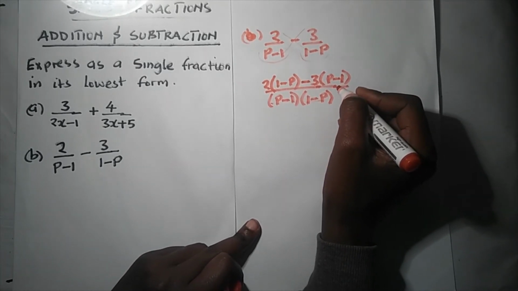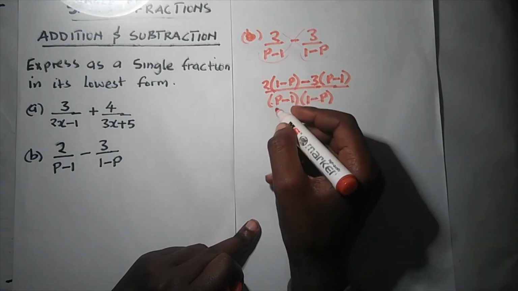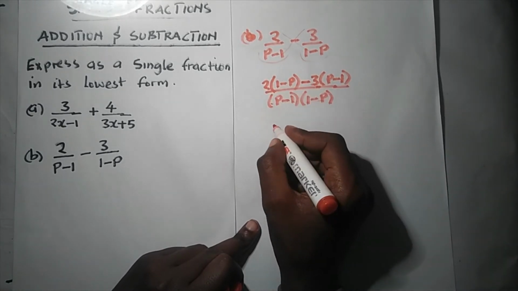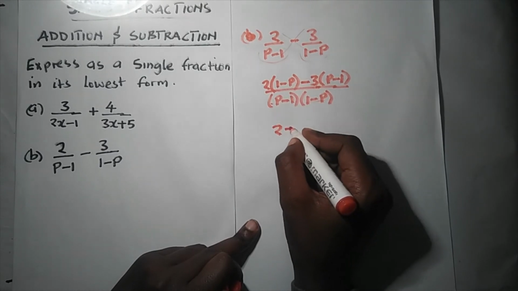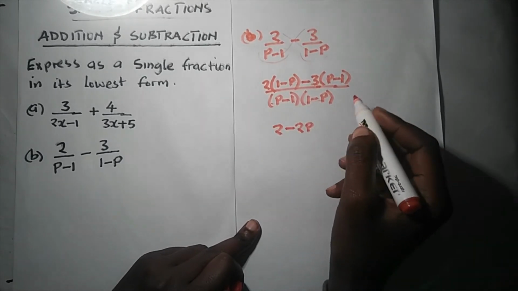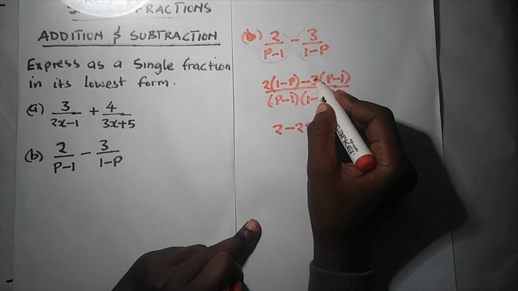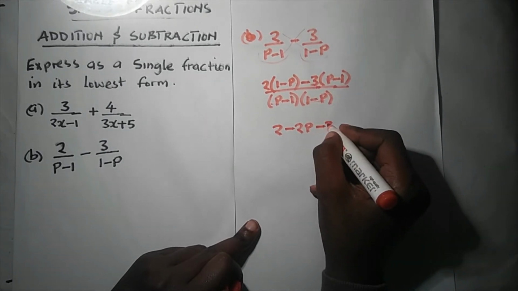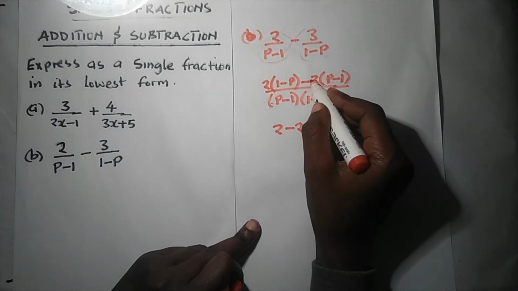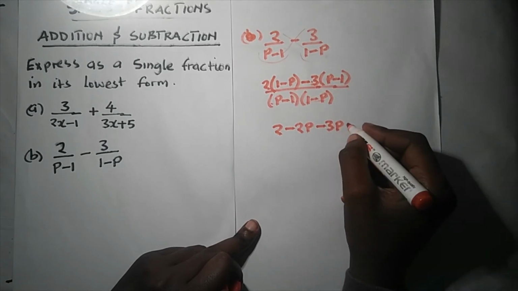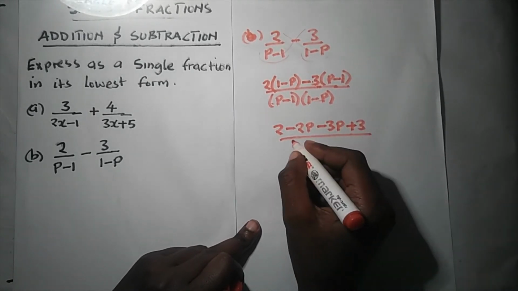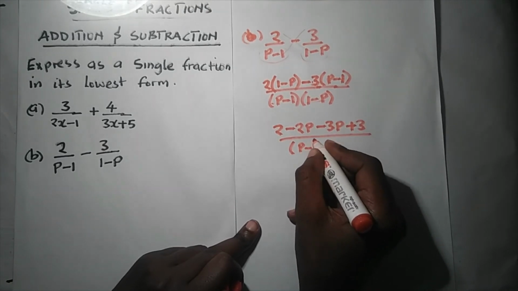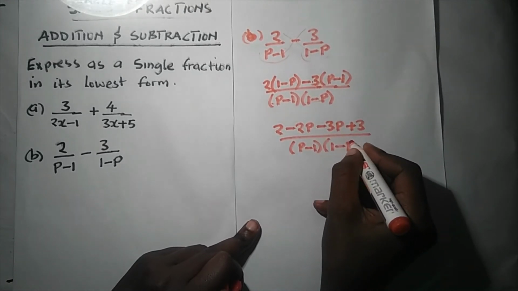Okay, and then now we have to expand the brackets on top. So we are going to have 2 times 1, which will give us 2. 2 times negative p will give us negative 2p. Then when we come here, we have negative 3 times p, which will give us negative 3p. Negative 3 times negative 1 will give us plus 3. The common denominator will still be p minus 1 and 1 minus p.